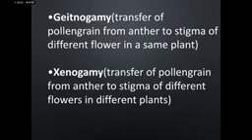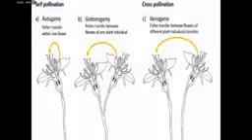That means autogamy and geitonogamy belong to self-pollination. While in the case of xenogamy, transfer of pollen grains from anther to stigma of different flowers in different plants takes place. That means two different plants participate in xenogamy. So it is an example of cross pollination.